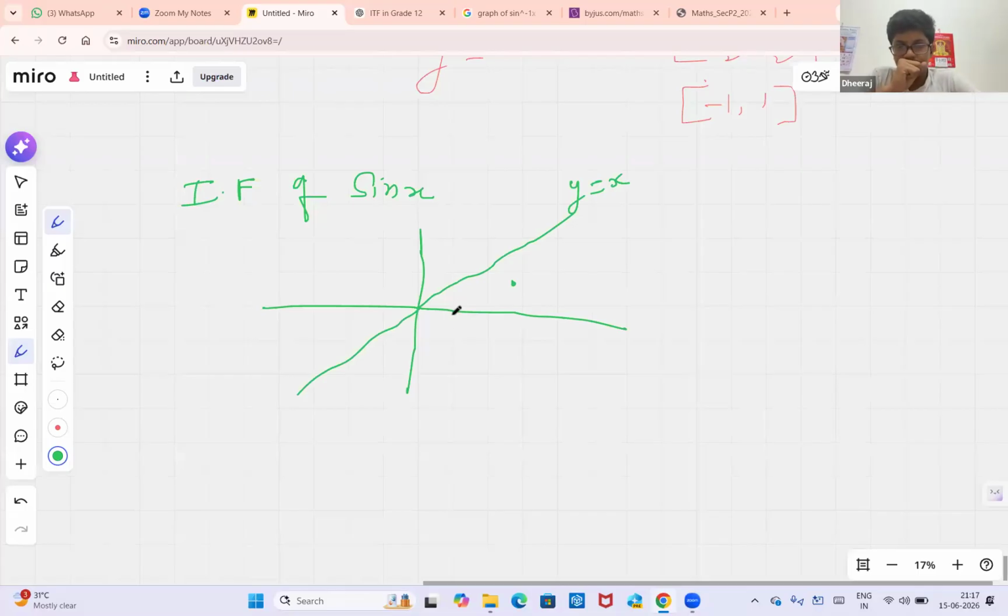This is 1, 2, 3 and this is 1, 2, 3. So this point is 3, 1. Correct or not?